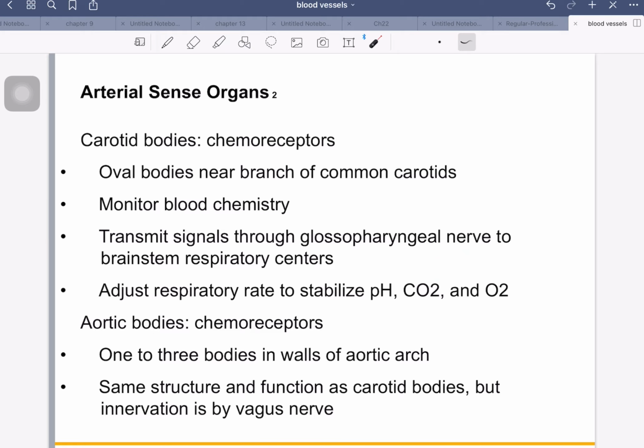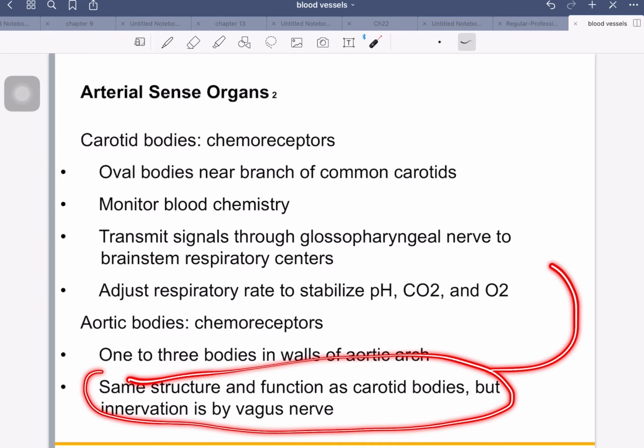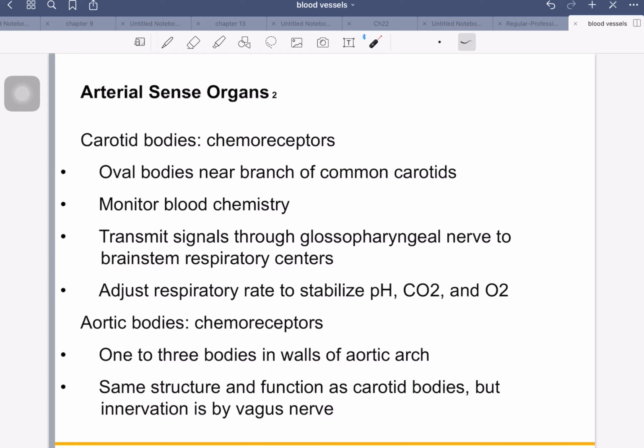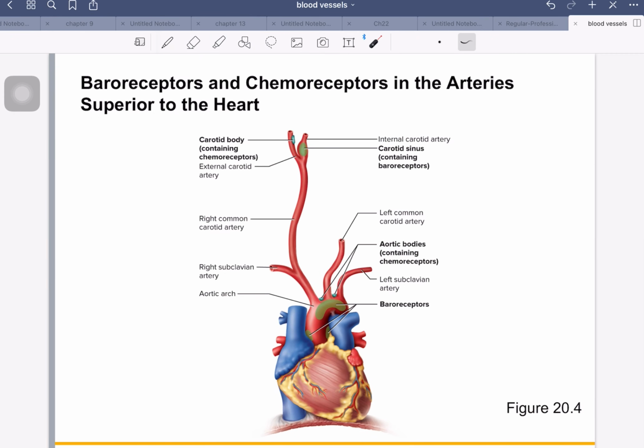We also have aortic bodies, another type of chemoreceptor, and there are 1 to 3 in the walls of the aortic arch. It's basically the same structure and function as up here, but the difference is which nerve they innervate or work with.